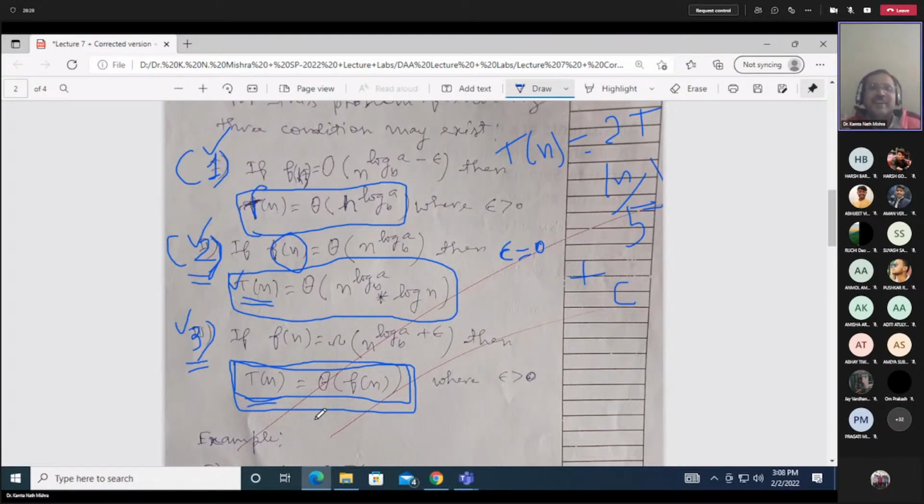Now my question is that these three equations I am giving in front of you. Yesterday we solved the recurrence T(n) equals T(n/2) plus c.